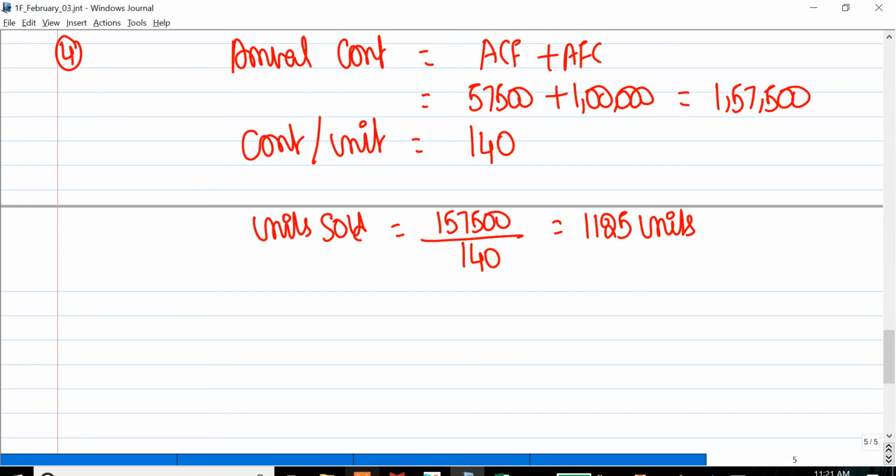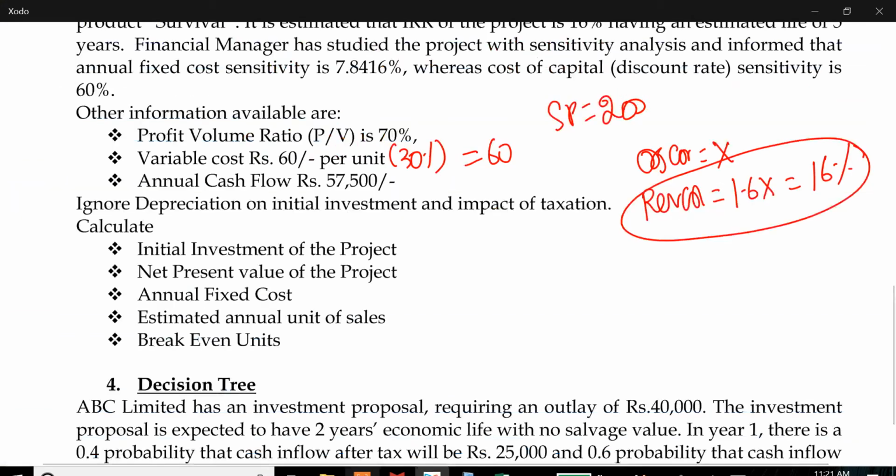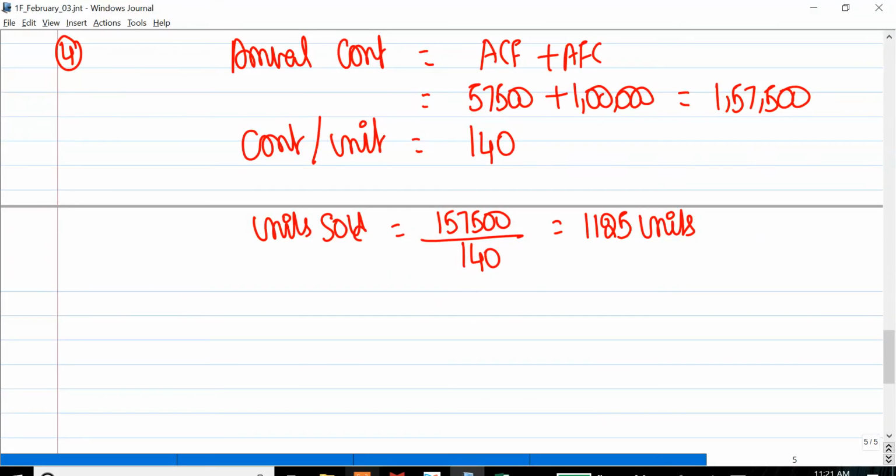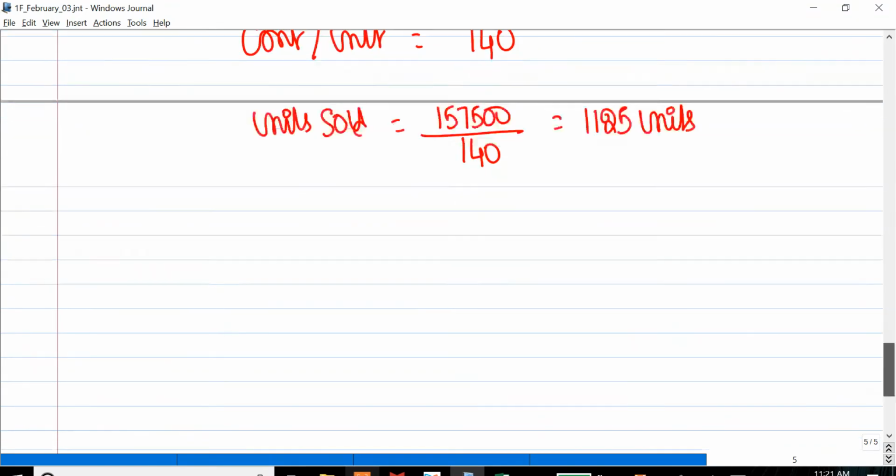Any doubts in this? For the last part, break even point. Break even point is equal to fixed cost by contribution per unit.